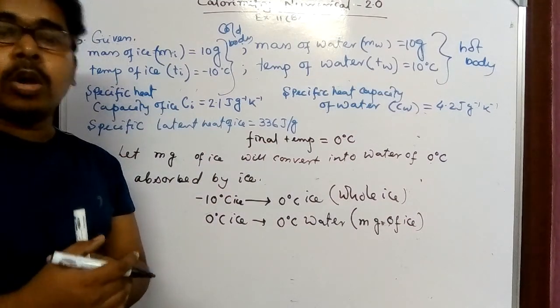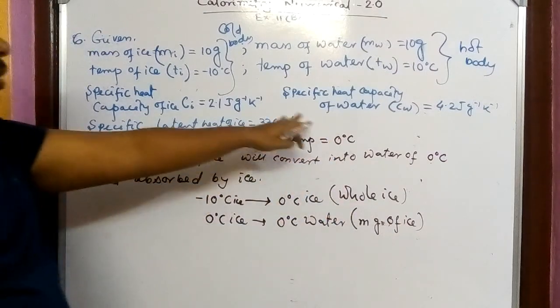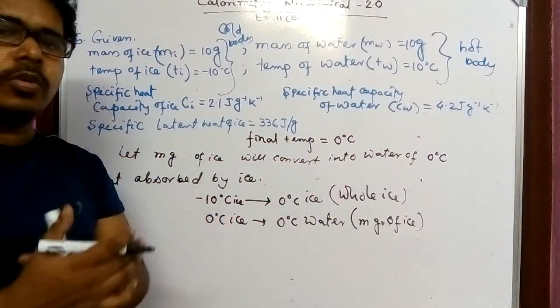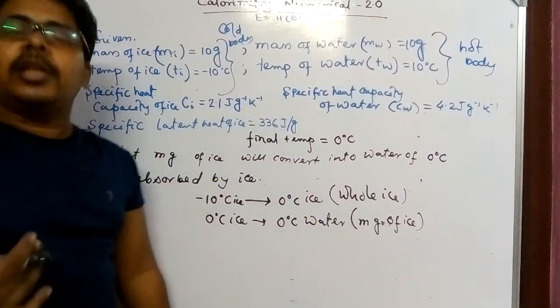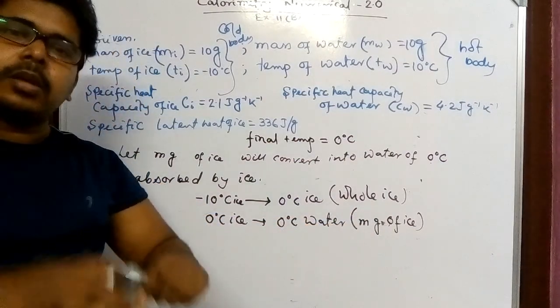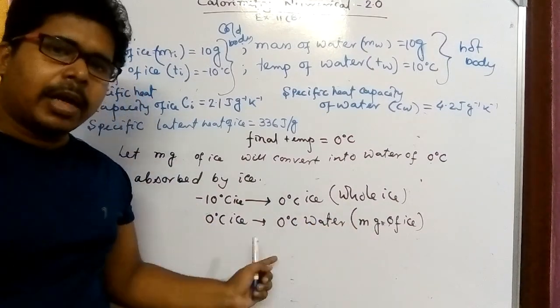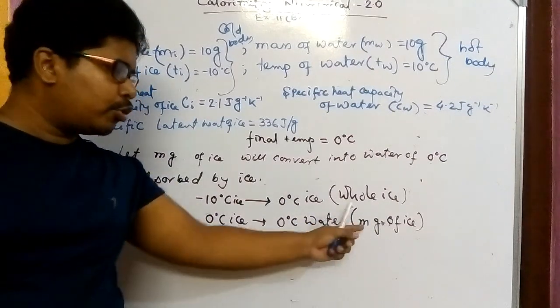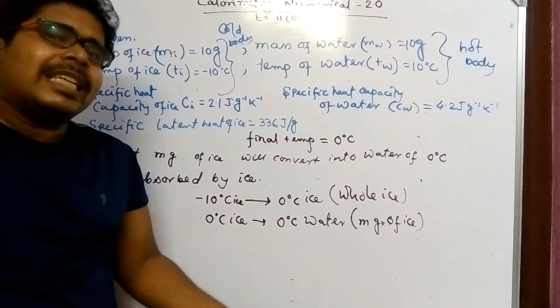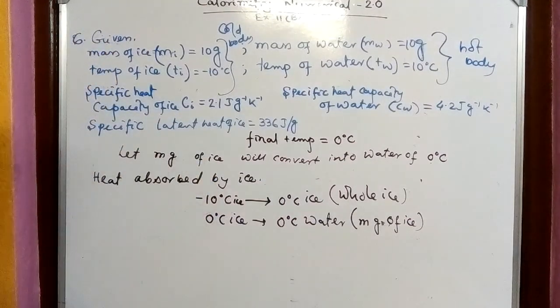It is not possible to convert the whole ice into water because the whole temperature is coming to 0 degree centigrade. And even if the m means the whole ice, we can calculate that by the process. What should be the value of m? That we'll see. Let's see. So these two phases are there.